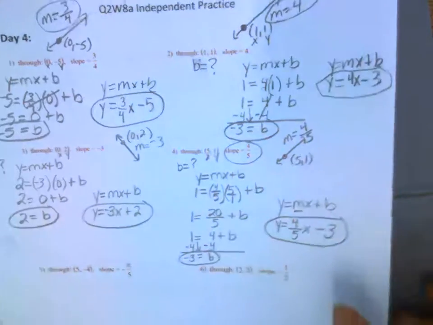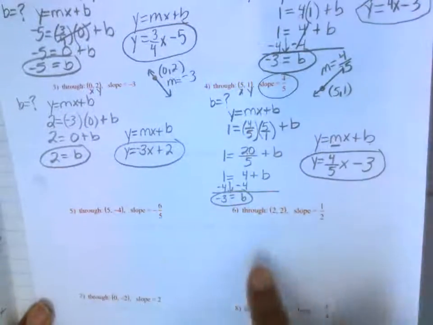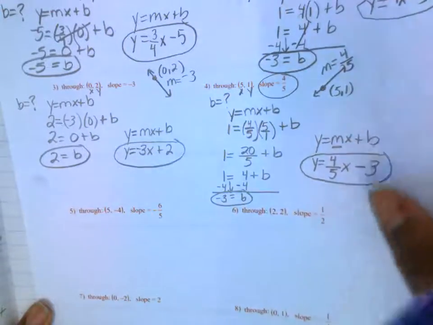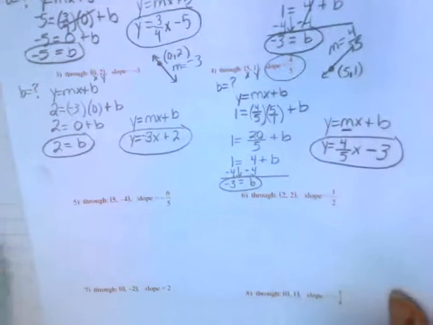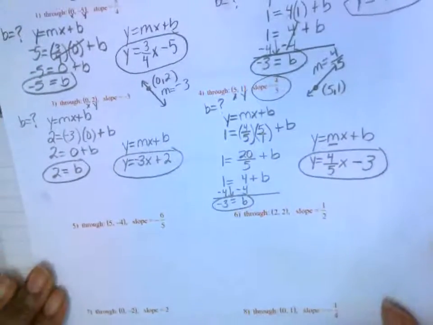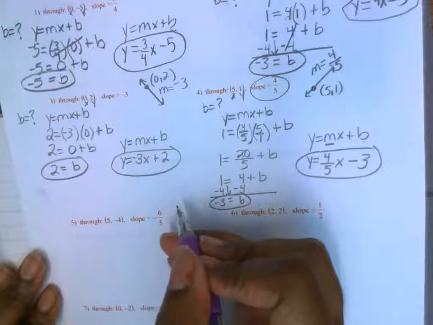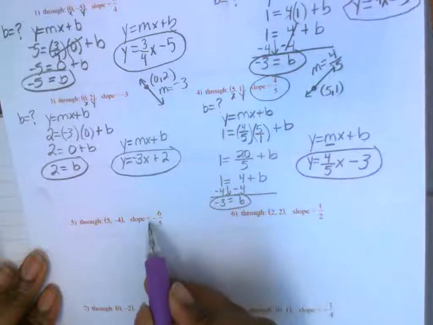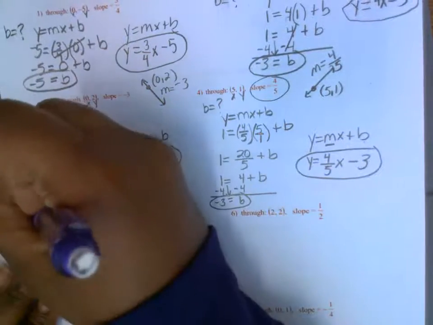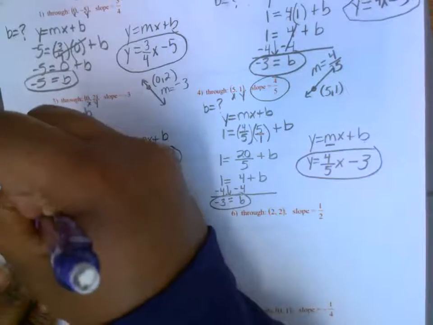All right, so we're going to do this last one together, and then you're going to do the other 3 on your own, okay? So let's look at this one. Here again, they're telling you what the slope is. This is a negative slope, so we know that our line is going to go down.